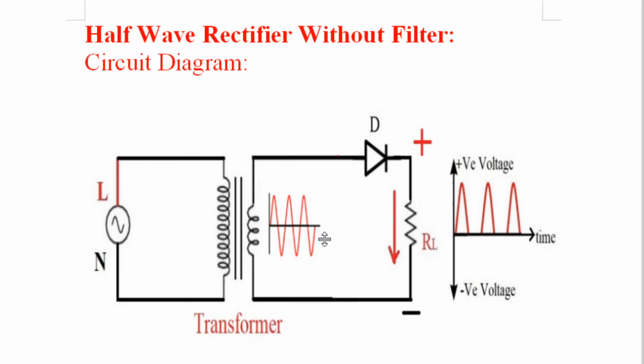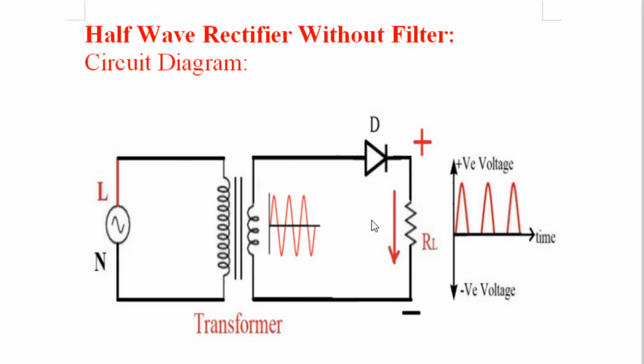Whatever I am going to explain here now is mentioned in the script in the next slide. So during the positive half cycle of an AC input signal, the diode starts conducting after 0.7 volt, and current will start flowing through the diode, and that current will pass through the load resistor RL.